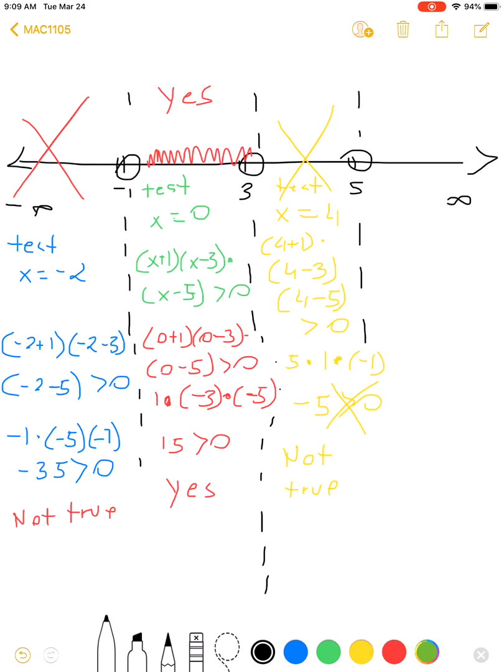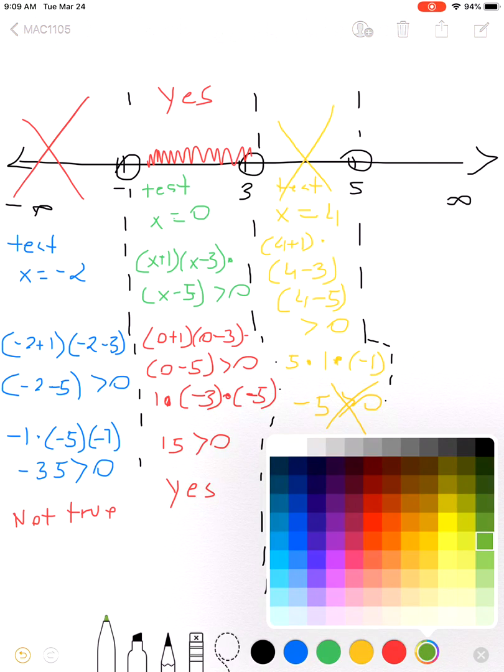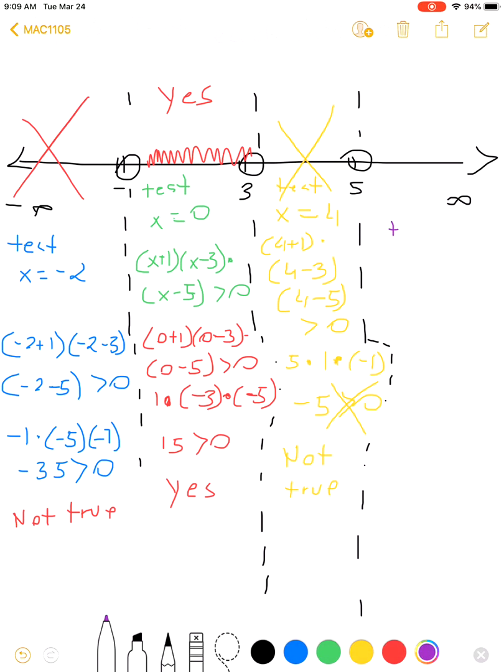And I'm going to check one more. Okay, I'm going to check if the interval from 5 to positive infinity is the solution of that inequality. So here test x equals 6. Again, 6 belongs to that interval.